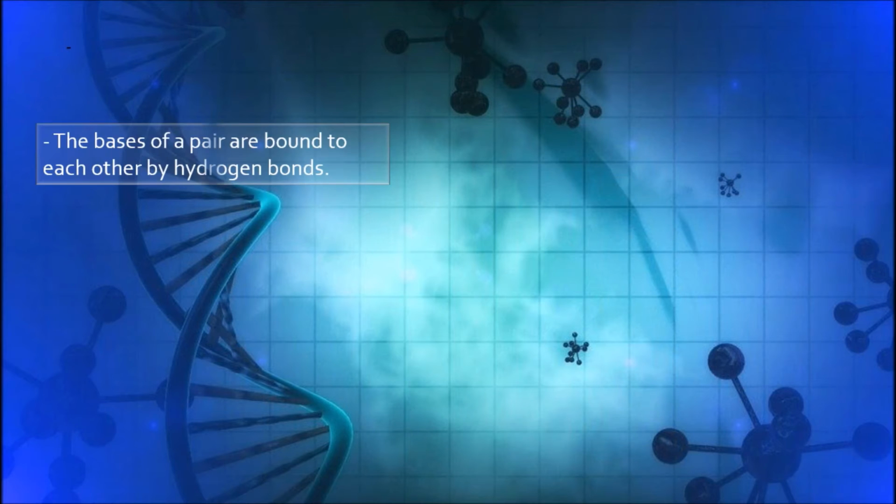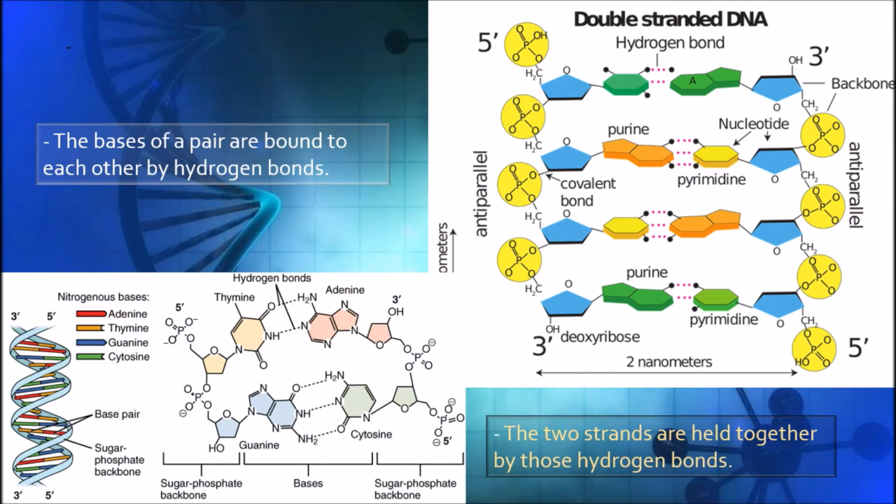The bases of a pair are bound to each other by hydrogen bonds. The two strands are held together by those hydrogen bonds. The structure of DNA is also similar to a twisted ladder. The rails of it are composed of the sugar-phosphate backbone, while the steps of the ladder are paired nitrogenous bases.